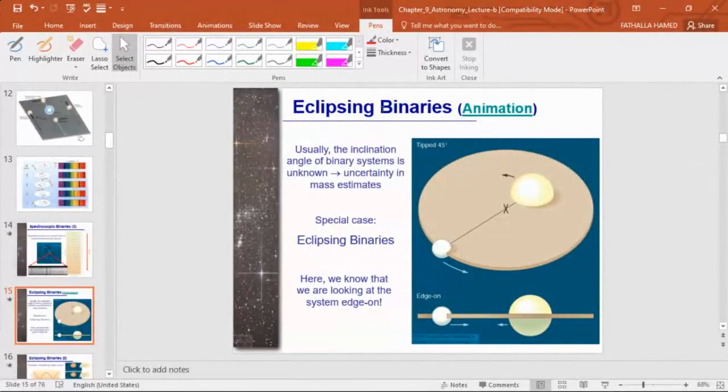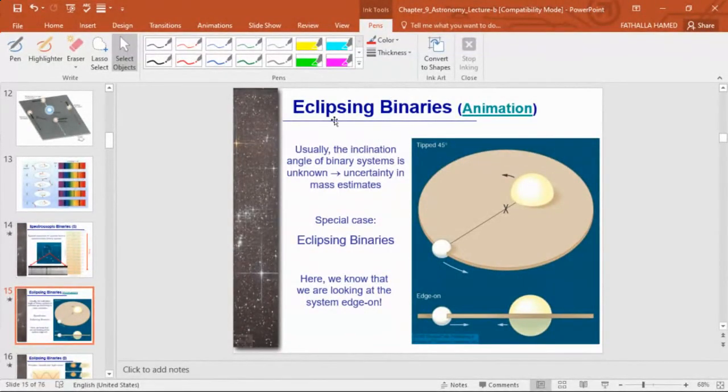So that's how they could be, by the way, the same binary star, hypothetically speaking, but they're further away. So I cannot see them visually, and I have to rely on looking at the spectrum or the light that comes from them. And I decide that this is a spectroscopic binary.